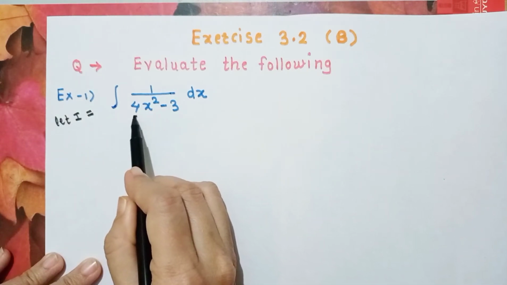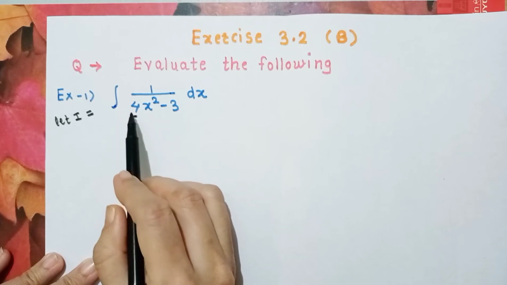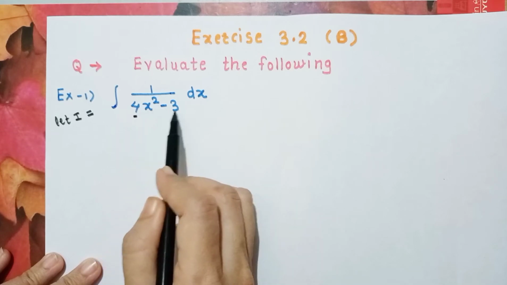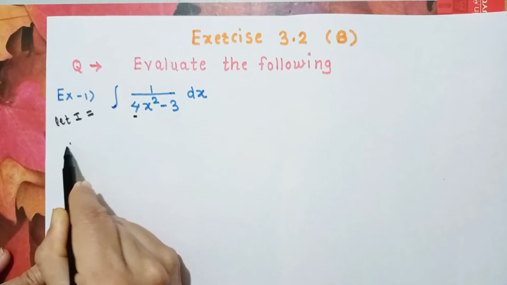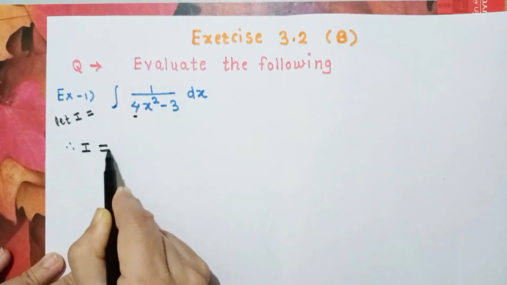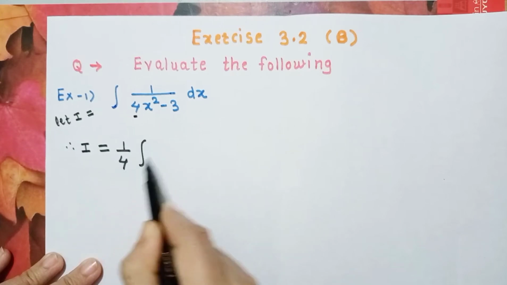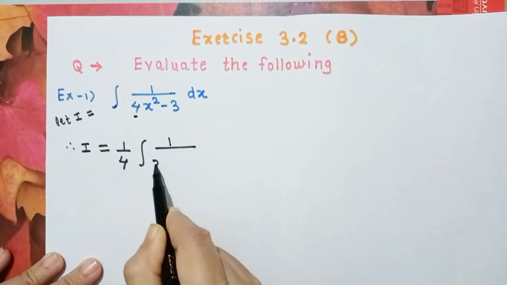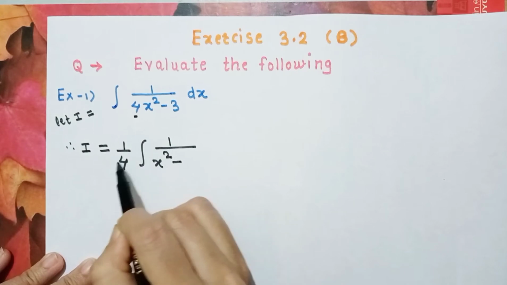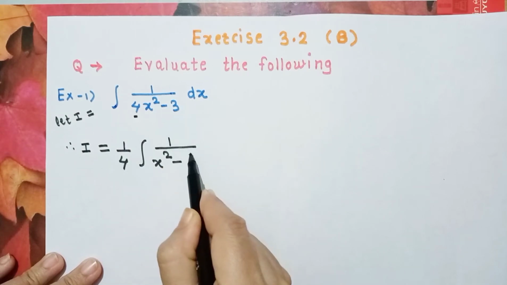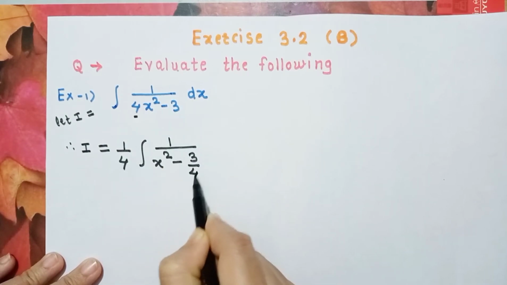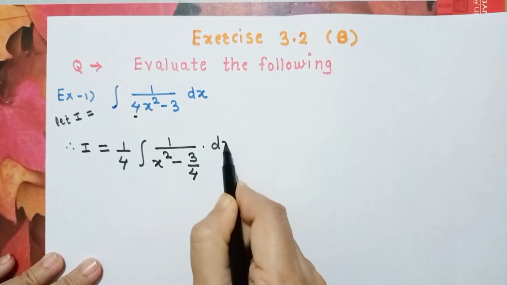Coefficient of x square is 4, but we want 1, so we will take 4 common from these two terms, and so we have I is equal to 1 upon 4 we are taking common, and here 1 upon x square. Now 4 is not the factor of 3, so we will divide by 4 and here write down dx.